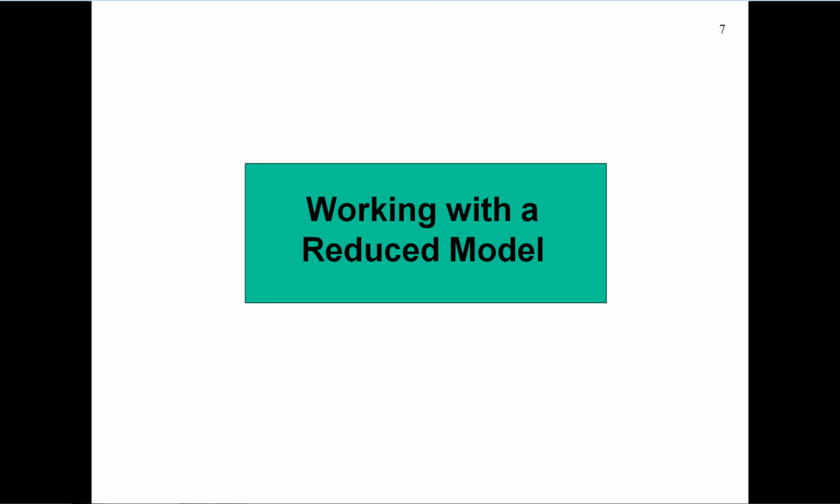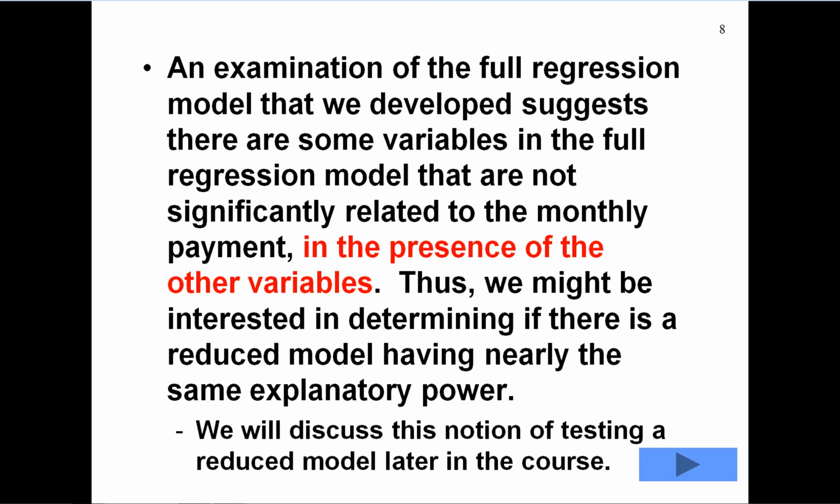Now today I want to work with the same data set but with a reduced model. In fact, if we go back to the multiple linear regression model that we built using all of the regressor variables that we've introduced, you're going to notice that some of them might not be contributing significantly to the explanatory power of the model.